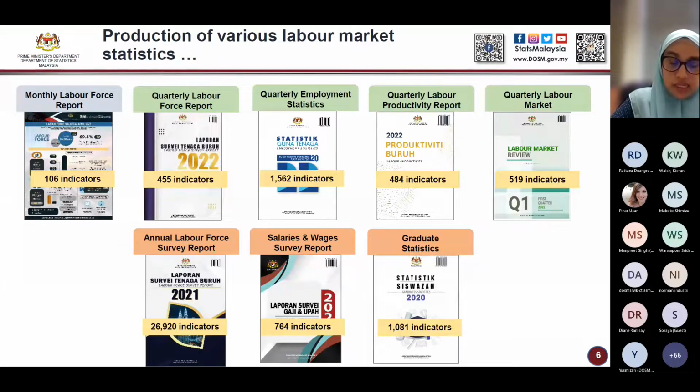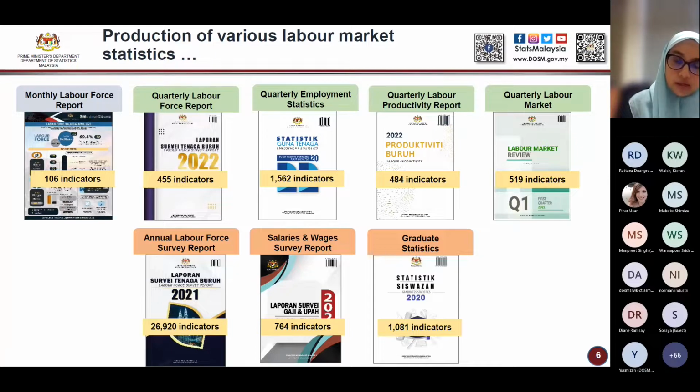So we have monthly and then quarterly labor statistics with more indicators, and for annual statistics, we have the most indicators, breaking down until state, administrative districts and subnational level. Quarterly employment statistics are sourced mainly from the quarterly employment survey, with the most recent statistics as of the first quarter of 2022. This is drawing from the establishment approach.